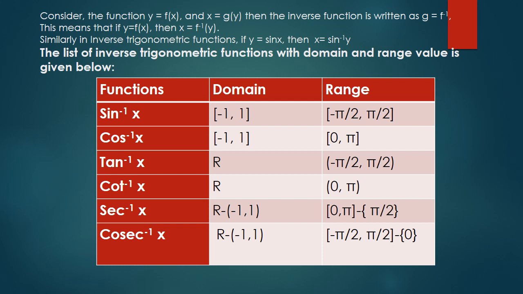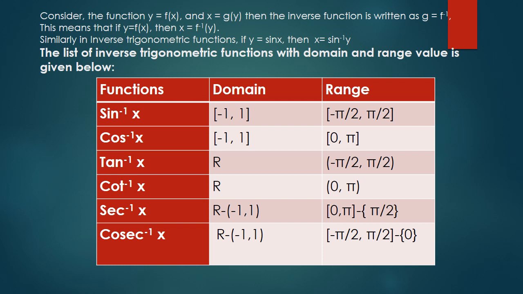Now, we have a list of inverse trigonometric functions with their domain and range values. Sin inverse x domain is -1 to +1, so its range will be minus pi by 2 to pi by 2 in closed interval.